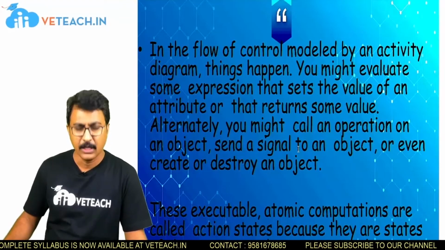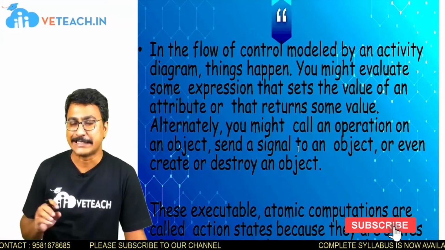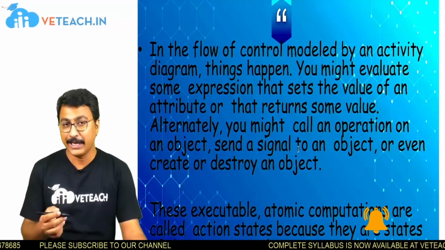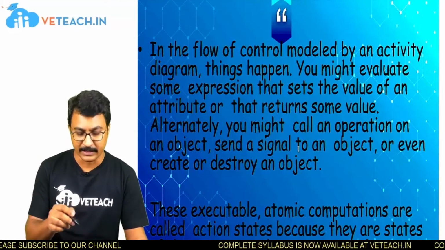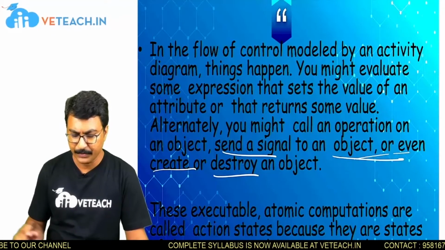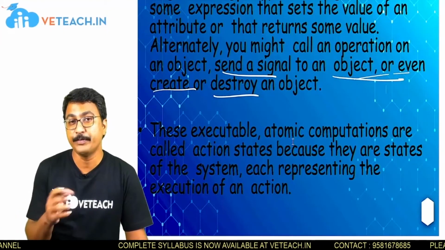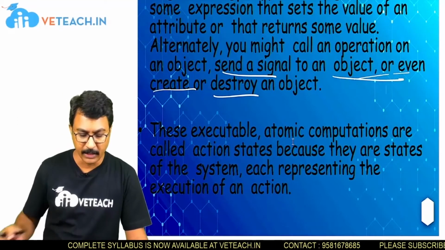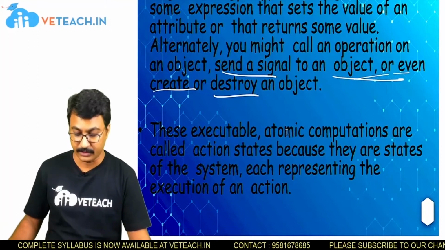They can be part of objects, where the objects are sending a signal or receiving a signal, or trying to create another object or destroy another object. All that can be rendered as an action or an activity state. The transitions among the states will indicate an activity diagram. So the atomic computations are the action states.